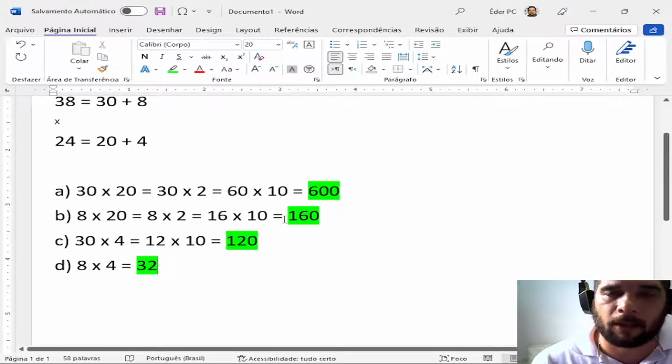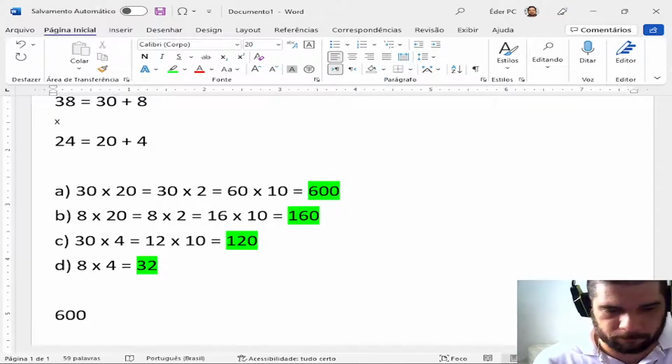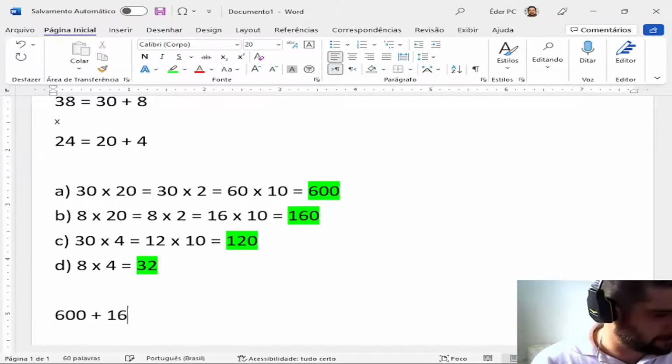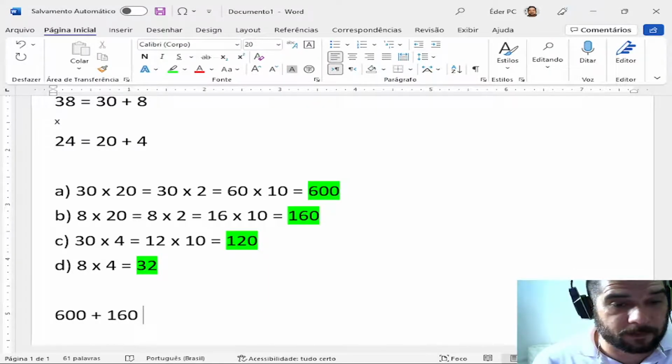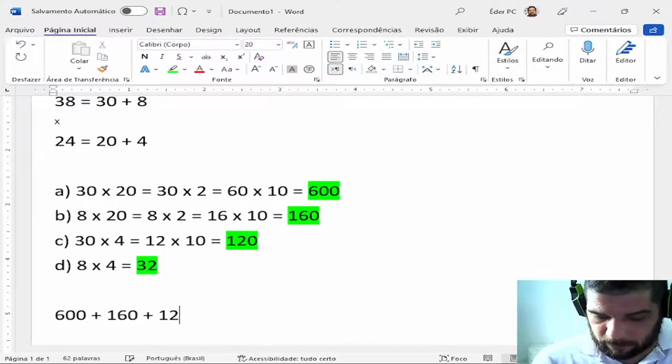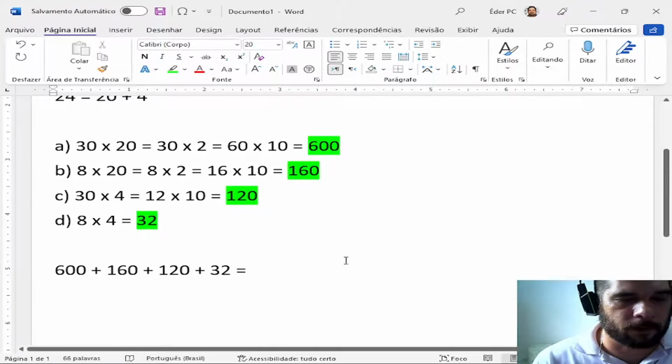I just have to add them all up. So here we go. 600 plus 160 plus 120 plus 32 equals, more decomposing, okay?